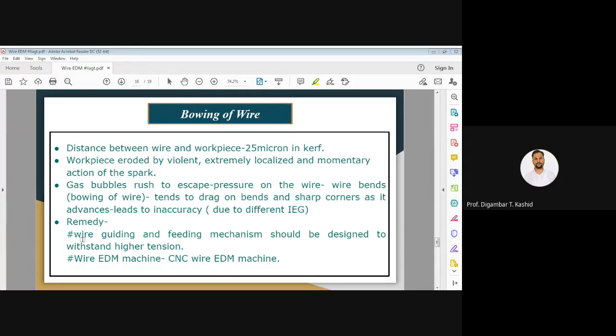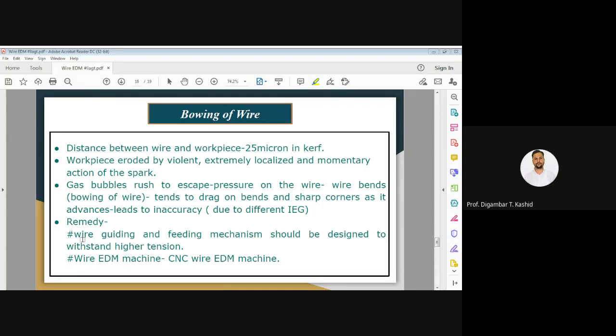A huge amount of workpiece material is eroded in a localized part by the violent reaction of the spark, and gas bubbles are also generated in that localized region. These gas bubbles generated in the interelectrode gap come out of the gap, and because of the huge pressure from the gas bubbles, the wire will bow and bend.